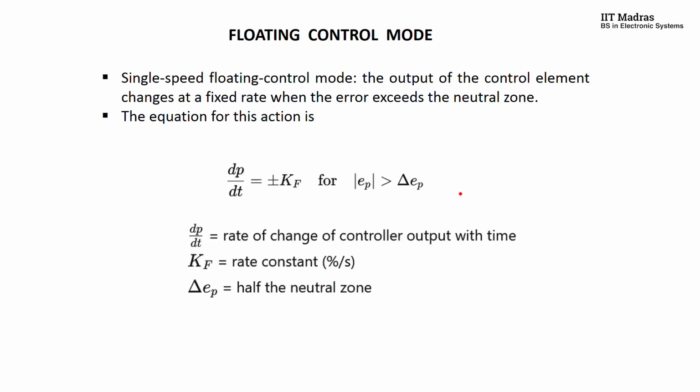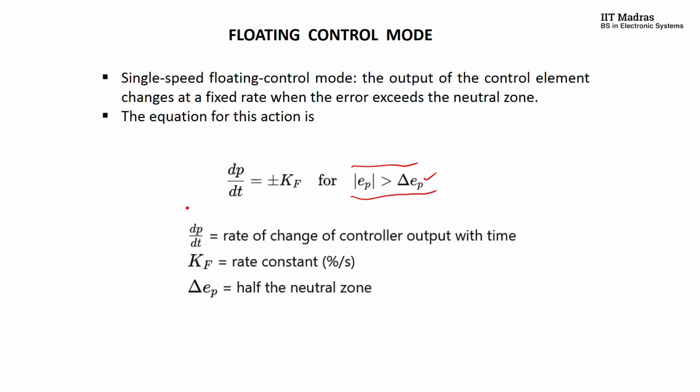Now next we get back to another discontinuous control mode, which talks about some kind of integral action here, which says that if you have delta EP greater than a certain threshold, okay, then you are increasing your controller output at a certain rate of plus or minus kf, okay.